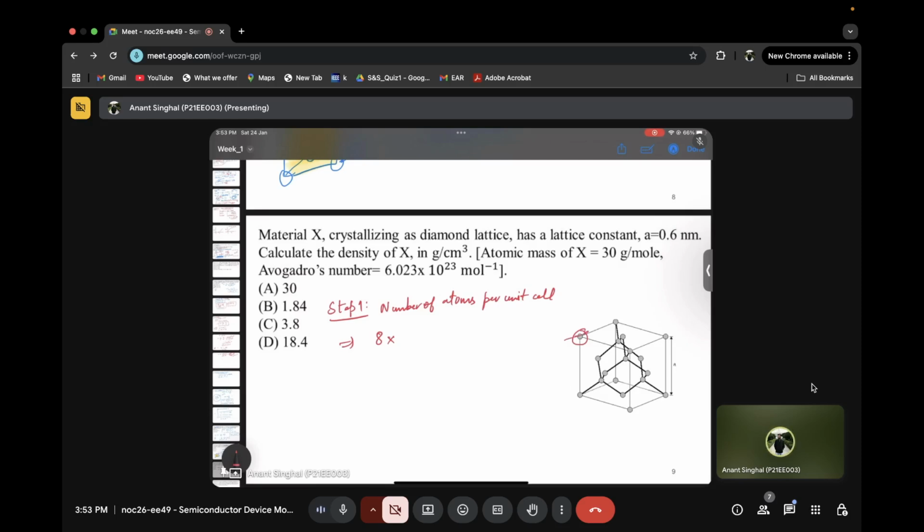If you think about it, we have a cube here also, a cube there also, and a cube on the upper side also. So there will be 4 on top, 2 adjacent, and 1 on the side. So it will be how many?